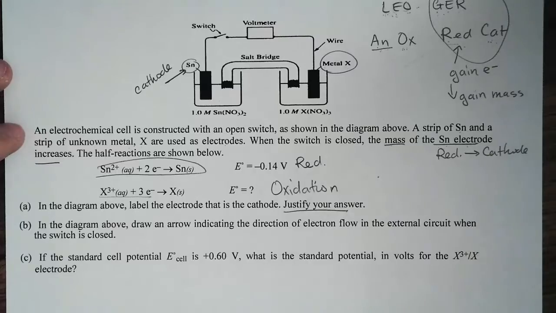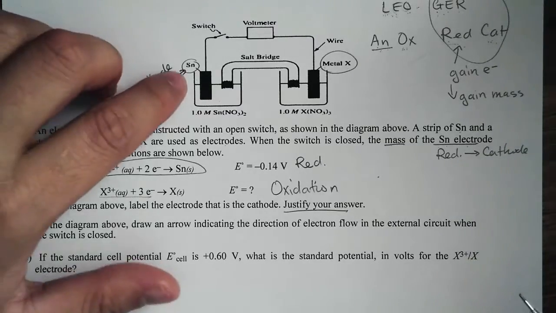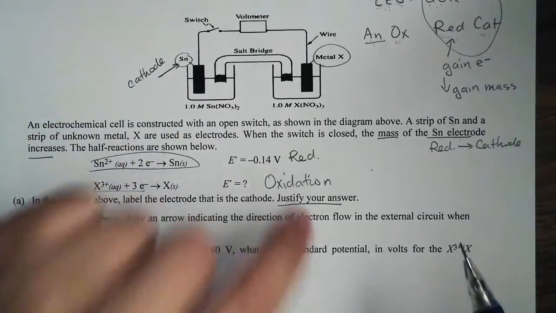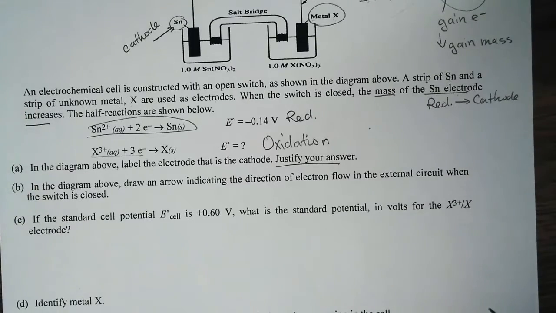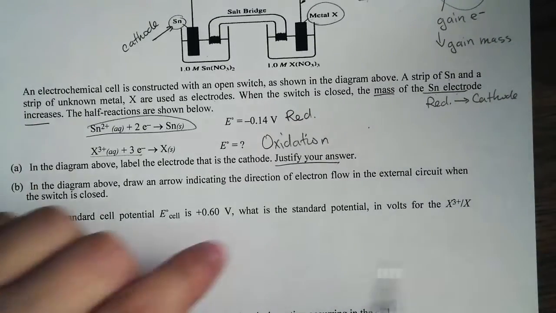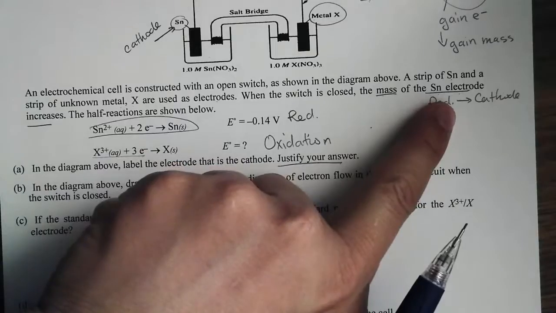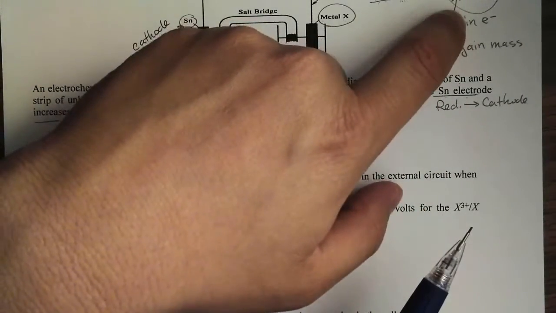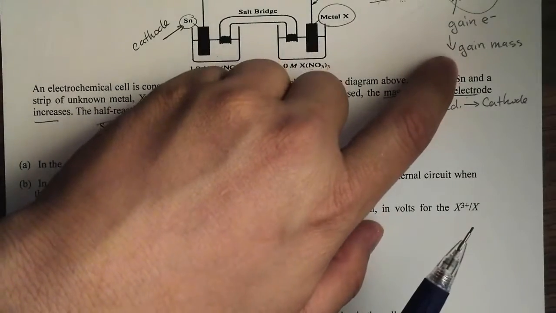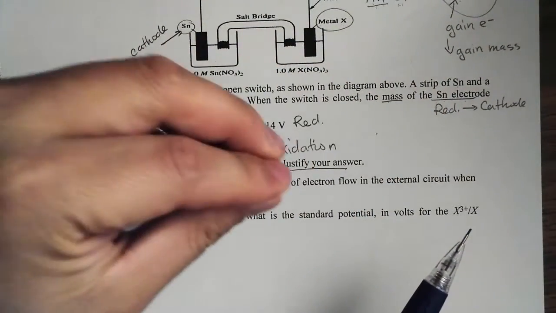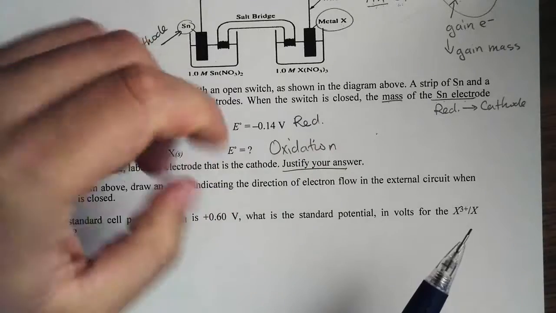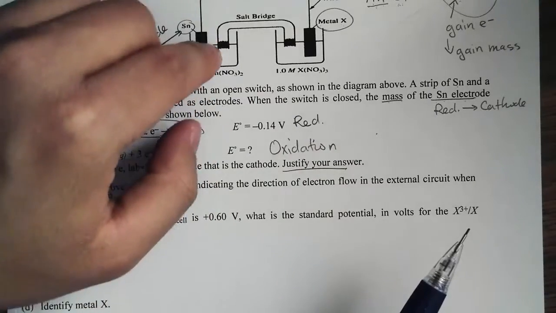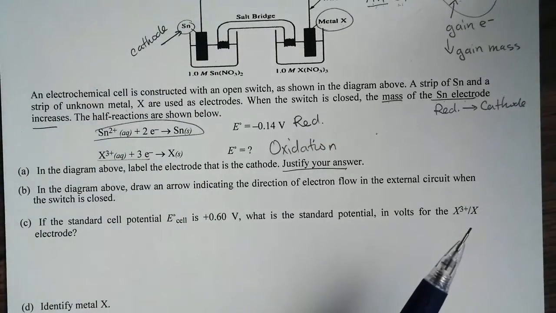So that's how the mass is being added to the tin electrode. I'm not going to write it down. You write it down, okay? So again, because the mass increases in the tin electrode, we know that reduction occurs, because gained electrons interact with the metal ions, and that produces solid metal on the outside of the electrode, which increases the mass, okay?